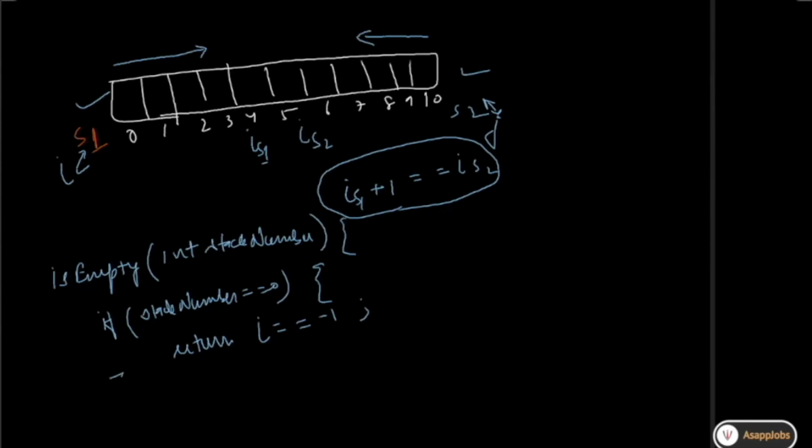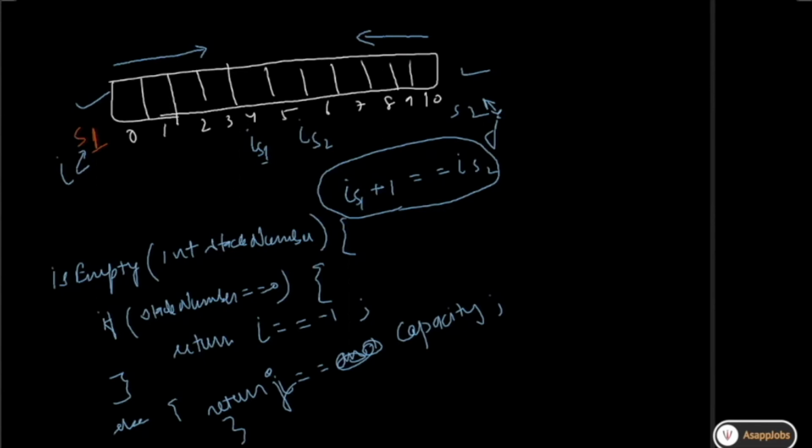So if it is empty, it means no element is placed yet, so the value of i is still -1. Else if, in that case I return j equals capacity. This will show me whether the stack is empty or not empty, right?